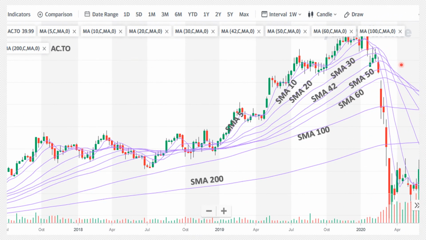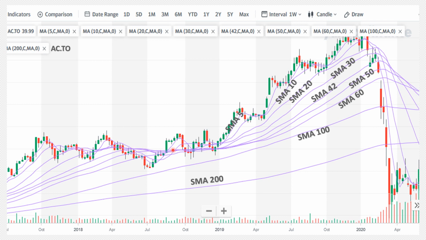This is Yahoo Finance and Air Canada stock and 1 week time frame. Each candle represents 1 week of trading. I just want to show you the behavior of different moving averages with respect to the price chart.